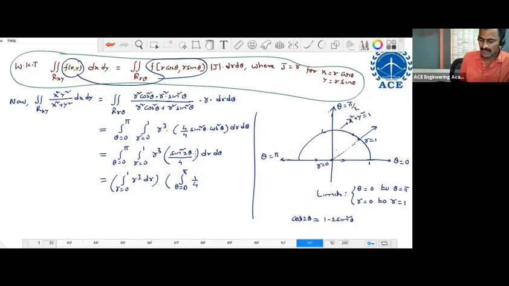But sin square 2 theta is 1 minus cos 4 theta by 2 only. d theta. r power 4 by 4, from 0 to 1.